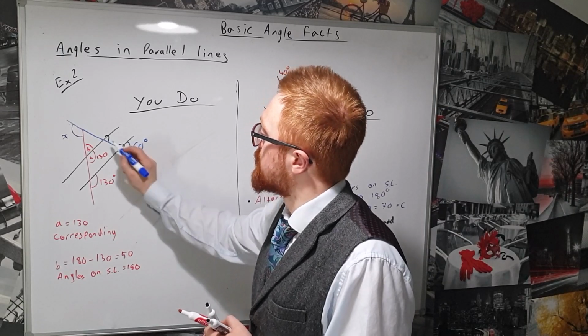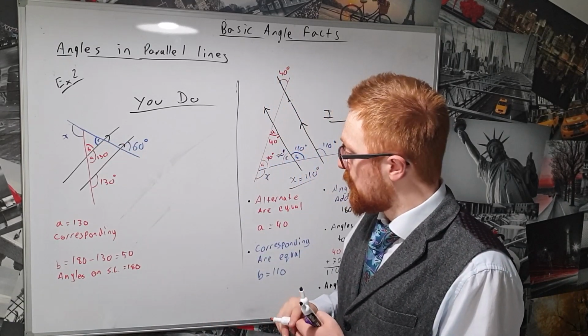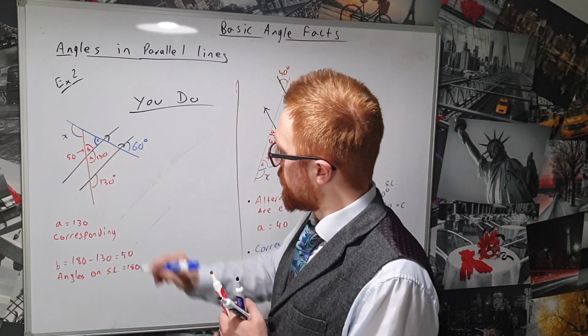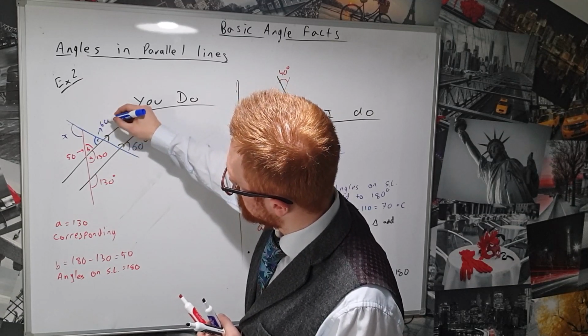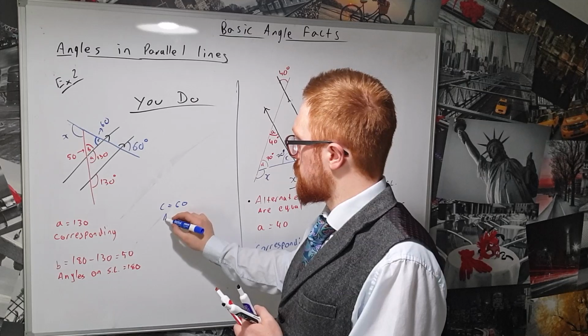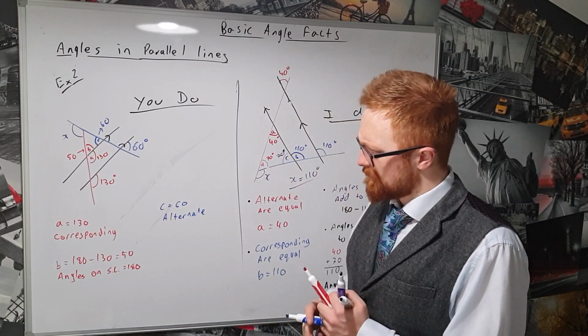Well, I've got 60 here, which means I can jump straight to C being 60 over there. So this angle here was 50, and I know that C is 60 because they're alternate angles. So C equals 60, because they're alternate, and they are the same.